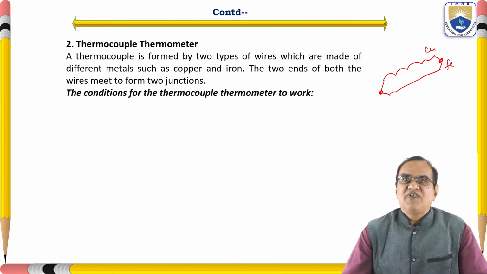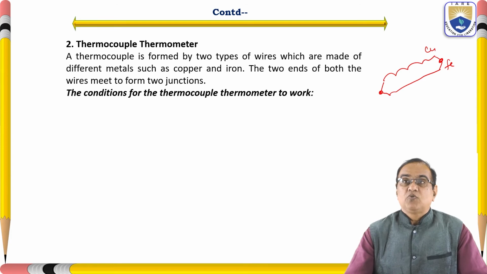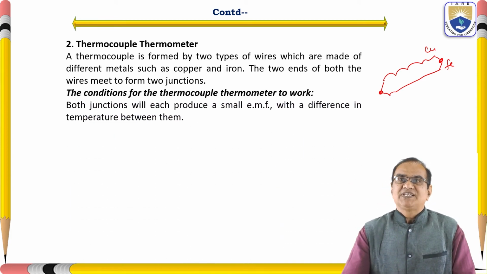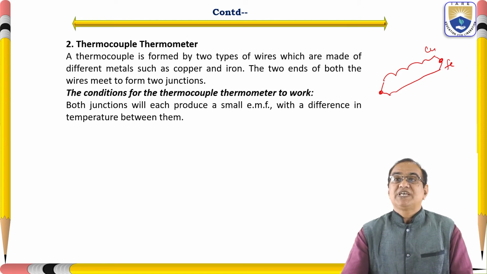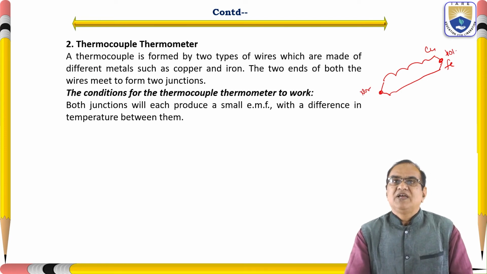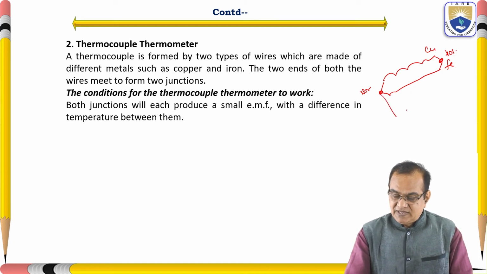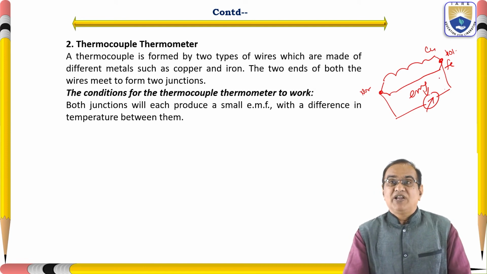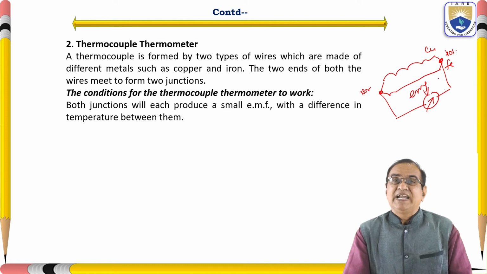The condition for the thermocouple thermometer to work: how does it work? Both junctions will each produce a small EMF. If you put one at the hot zone and the other in the normal zone, both junctions will each produce an EMF with a difference in temperature between them.